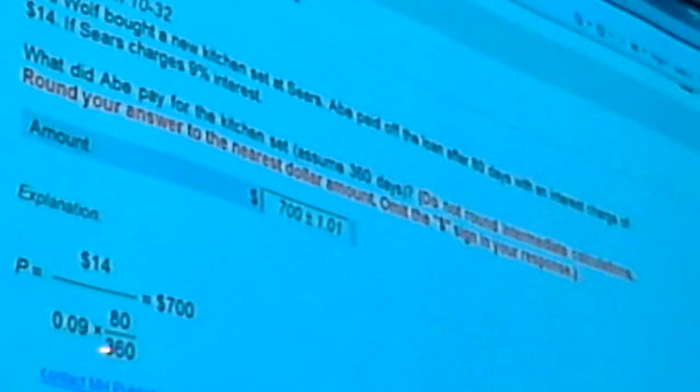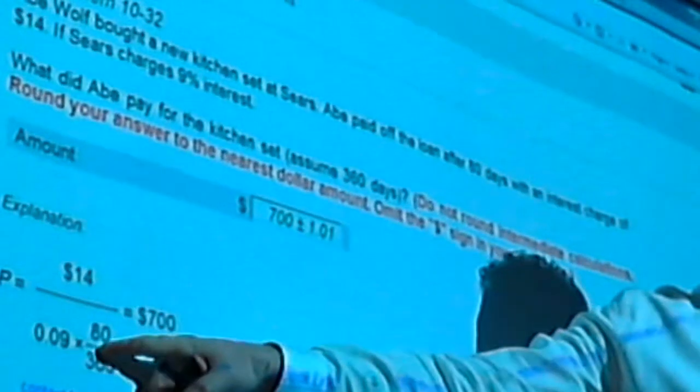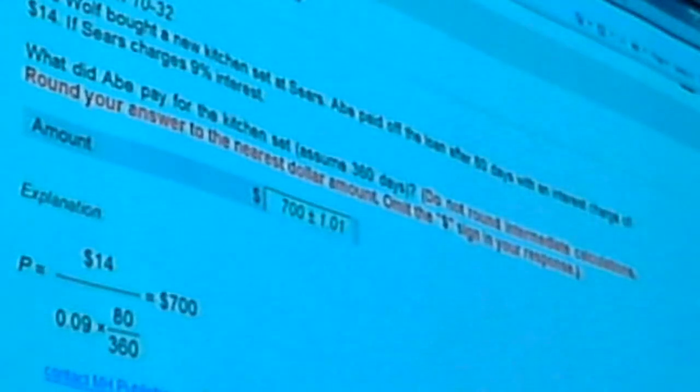They charge 9% interest. That is your rate, R. So, you plug in all the numbers here. Now, what should you do here first? Division. Clear this up first, right? Before you start punching in things. We're going to do that, remember? So, 0.09 times 80 divided by 360. Write that number down.